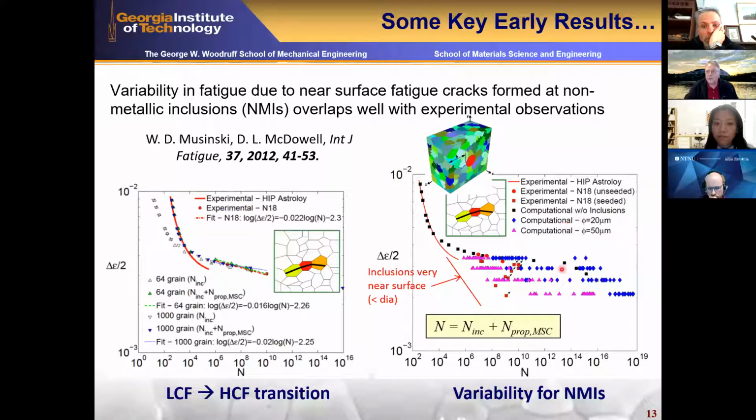And with the seeded experiments for an inclusion range 20 to 50 microns, you can see that experiments are also spanning down into this regime. So again, it gives us the capability to look at more realistic size effects and constraint on slip combined with the microstructure scale.